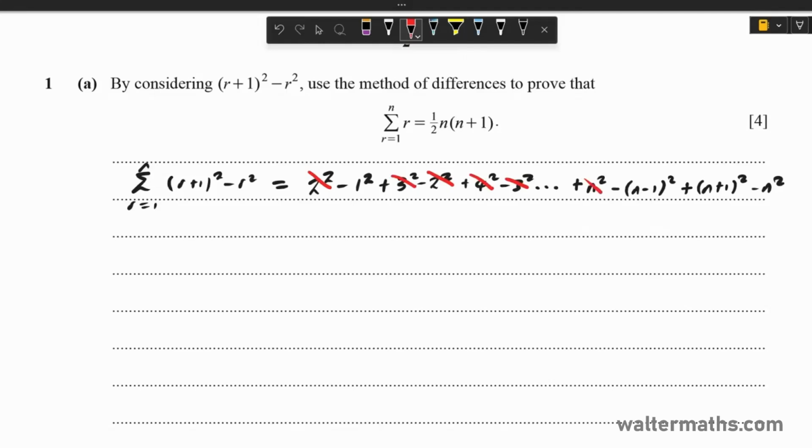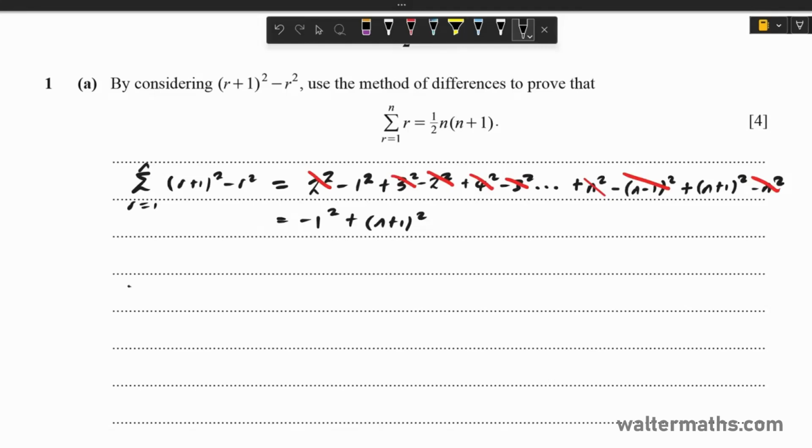And so does n squared minus n squared give us 0. You can also see that n minus 1 squared will be eliminated along the way. So basically, we will be left with minus 1 squared plus n plus 1 squared. So that's the sum of terms of the form r plus 1 squared minus r squared.